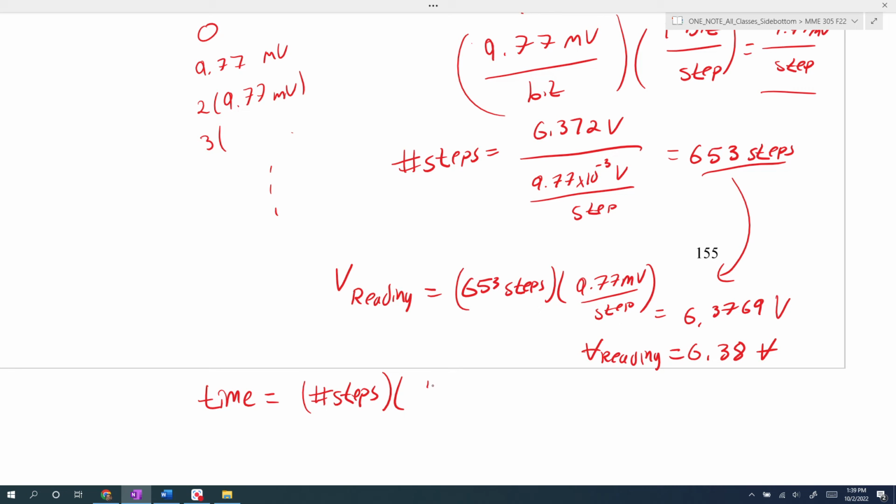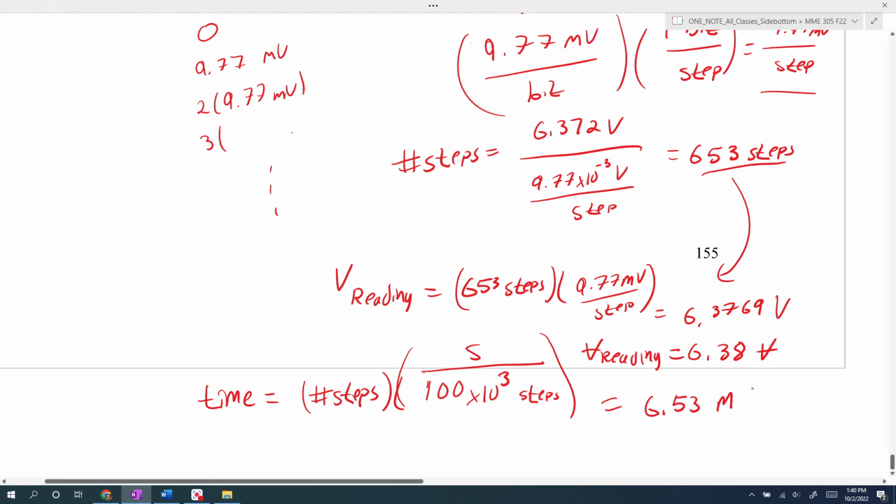The clock rate is 100,000 samples per second, or steps per second. So we're dividing by 100,000, and we end up getting 6.53 milliseconds for the time. 6.53 milliseconds doesn't sound like a crazy amount of time.